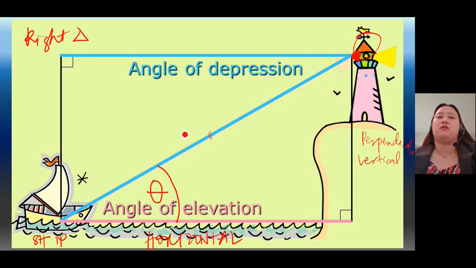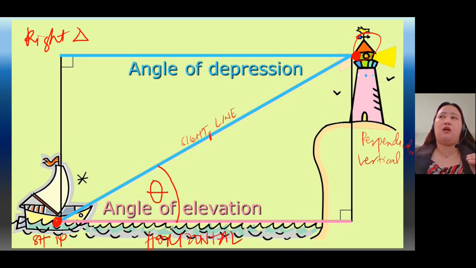How can you have this side? It is what we call the sight line. For example, you are in a ship, and you are currently looking at the top of the lighthouse. You can actually form a line there.